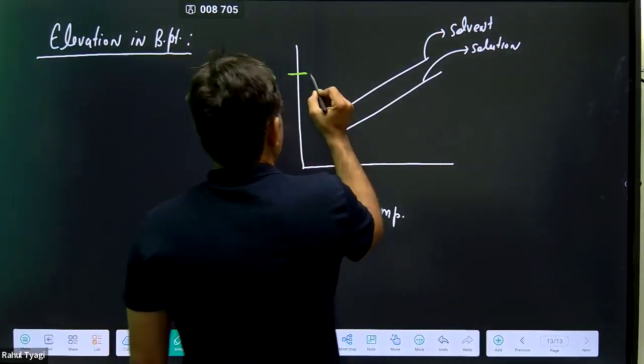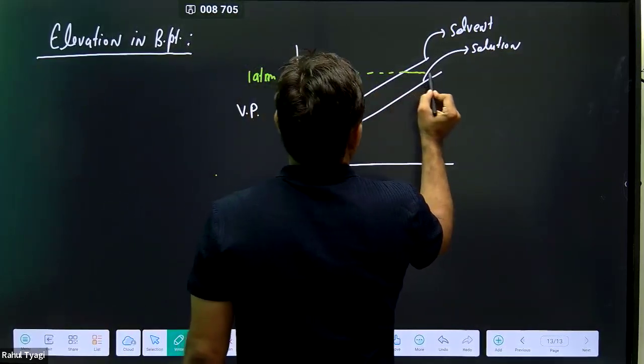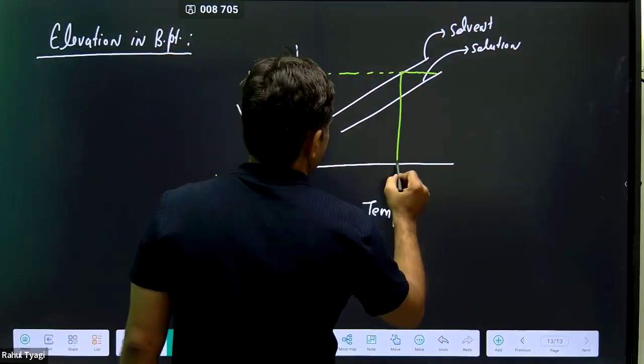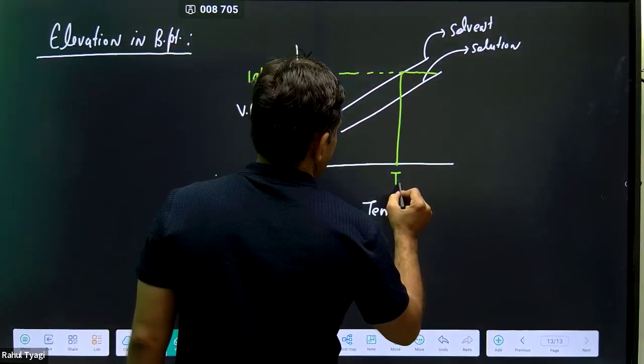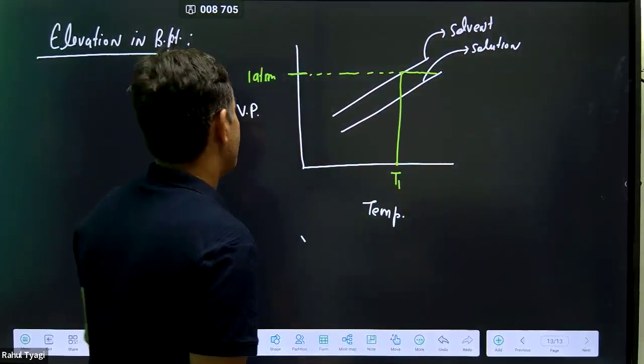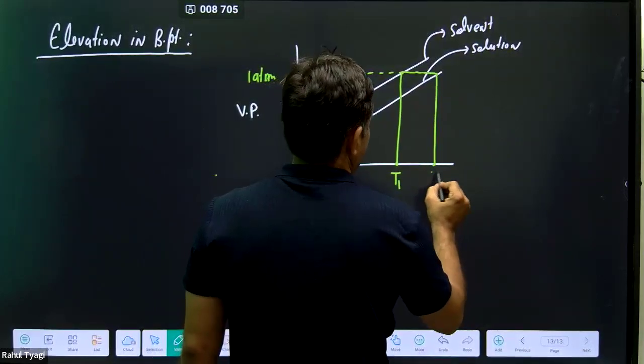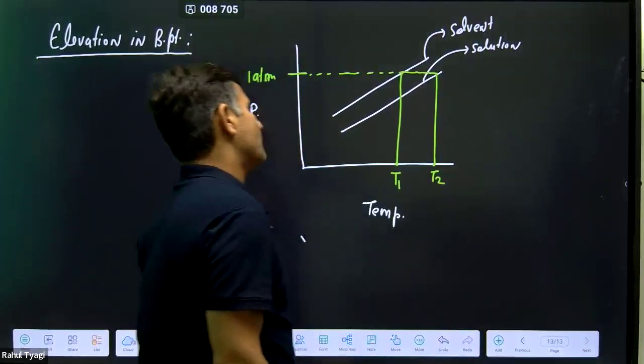When atmospheric pressure equals vapor pressure, this is the boiling point of the solvent, T1. This is the boiling point of the solution, T2.